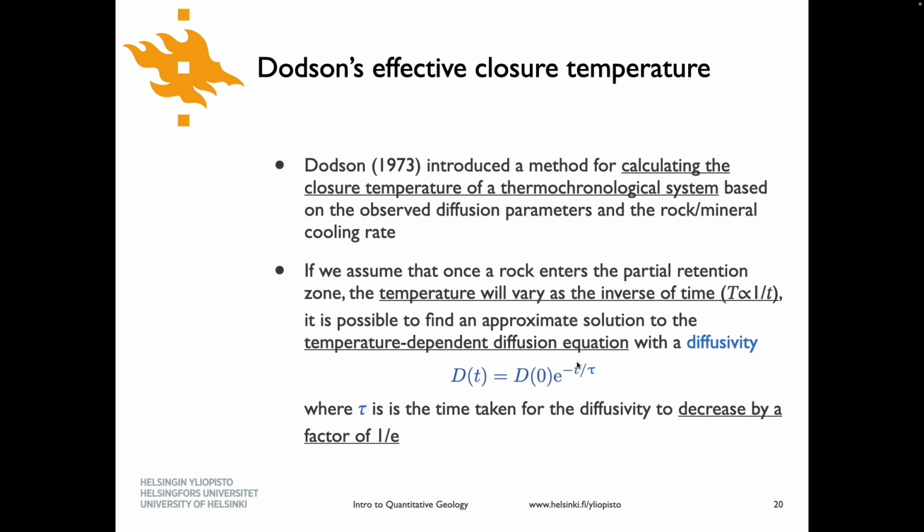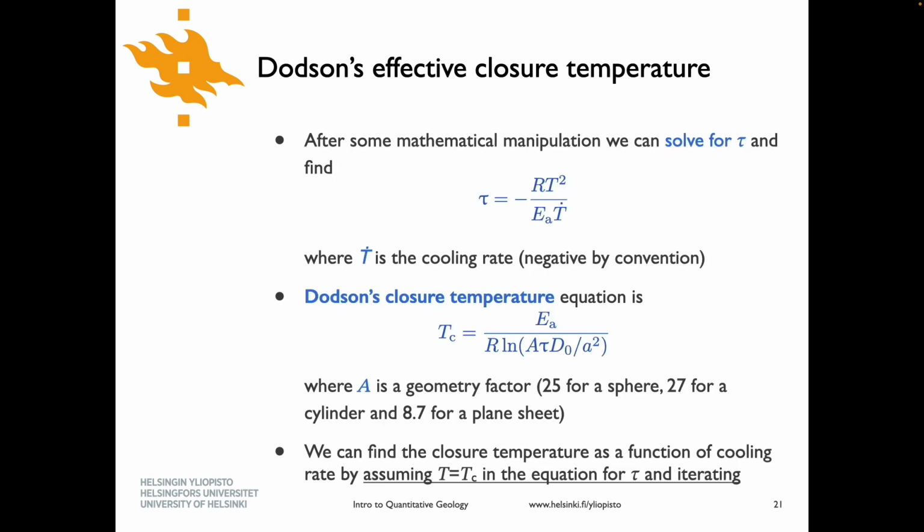But then we just have our exponential being then time divided by some term tau, which we'll see in just a second, which is another way to measure how long it takes for the diffusivity to decrease by a factor of 1 over e. So e is the natural logarithm, and 1 over e would basically be a measure of the time needed for that decrease to occur.